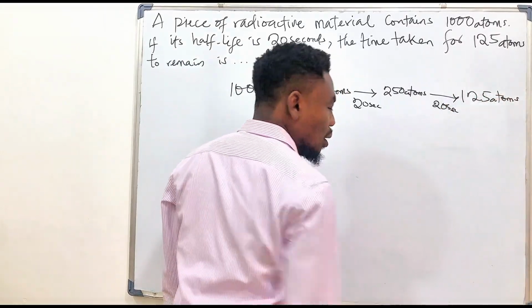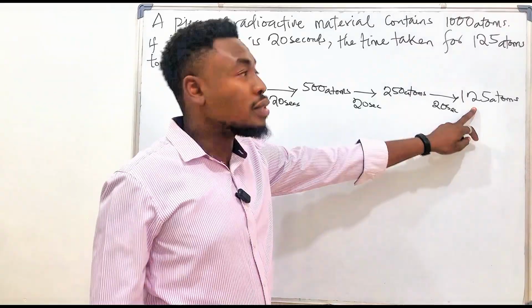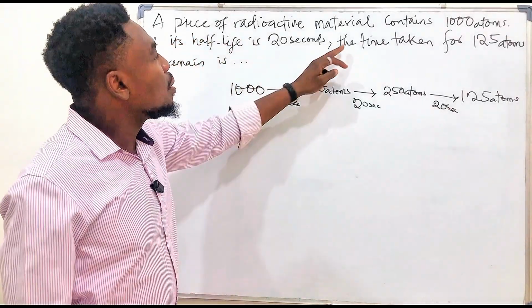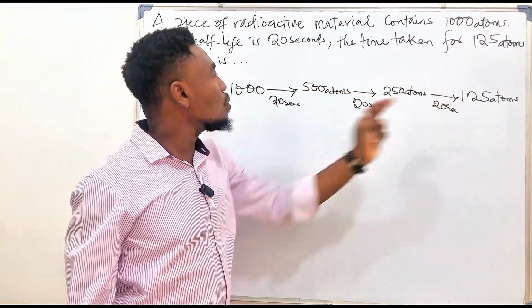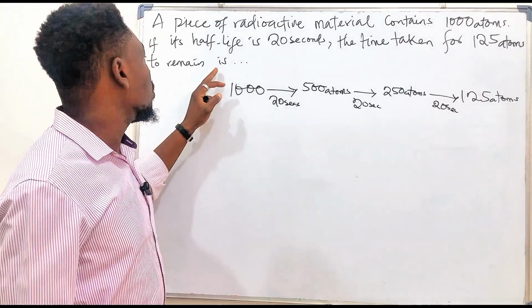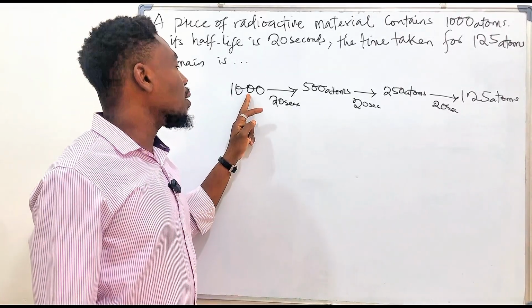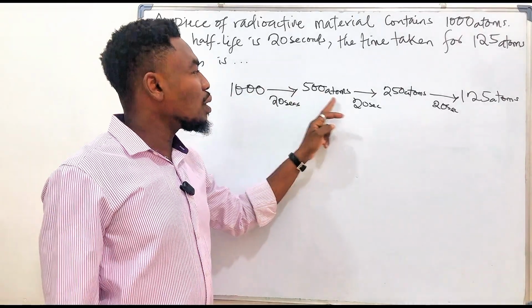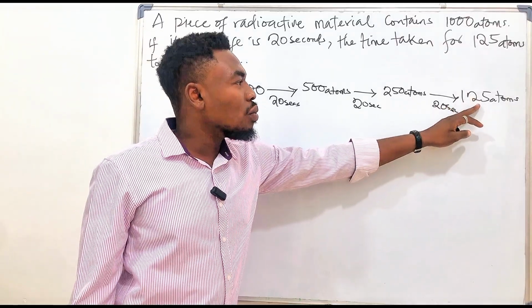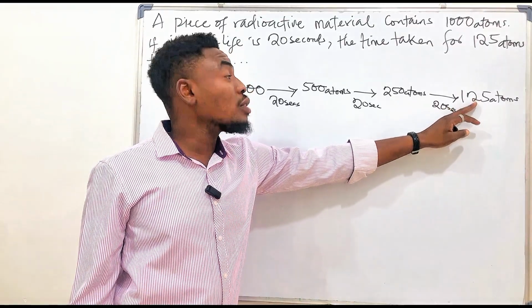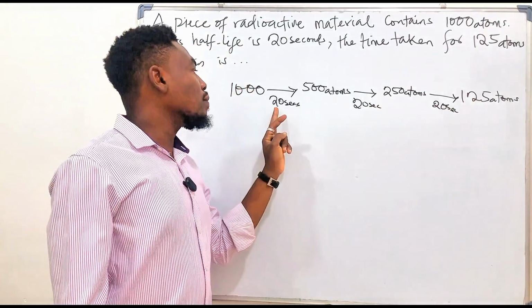125 atoms. So we can stop here because we've gotten our 125. The question says the time taken for 125 atoms to remain. So we started from 1000 atoms, 500, 250, now 125 atoms is remaining after how many seconds?